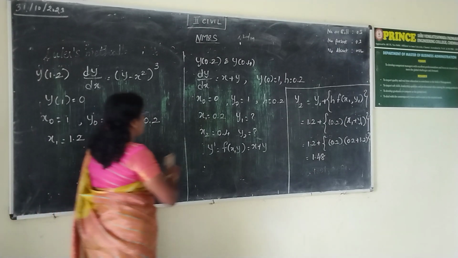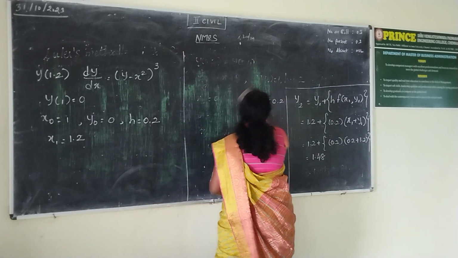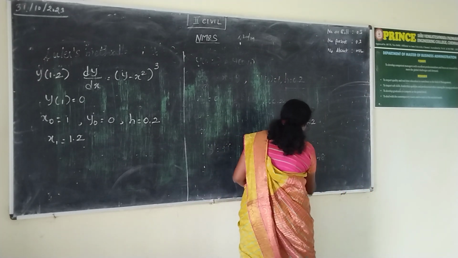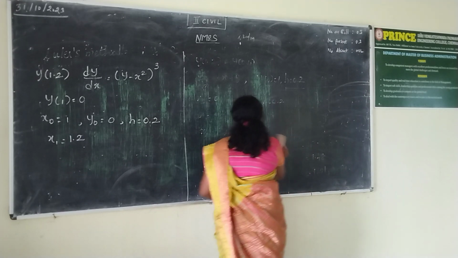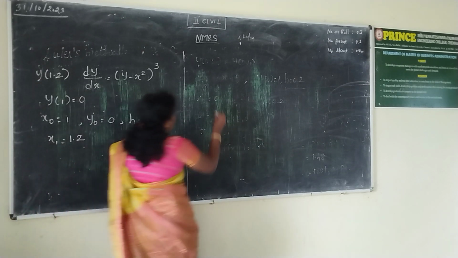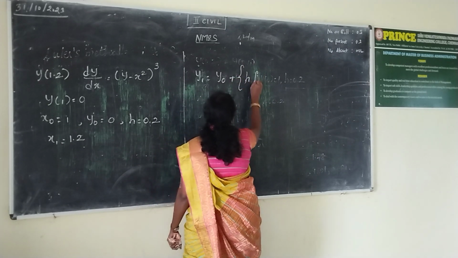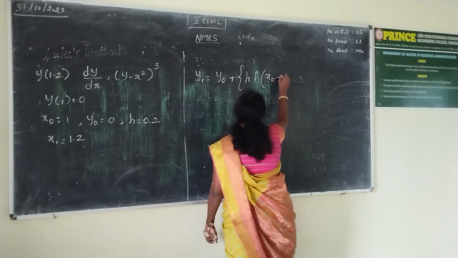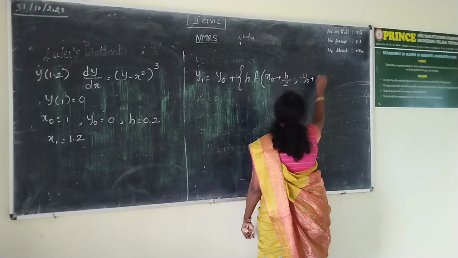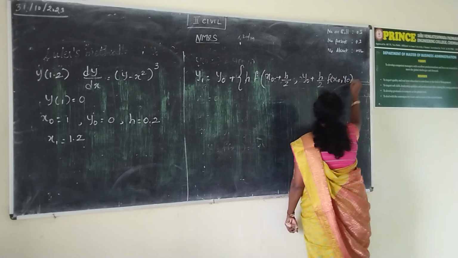So which formula are we going to apply now? Modified Euler's. By modified Euler's method, to get y1, we replace all x and y with x0 and y0. By modified Euler's method, y1 equals y0 plus h into f of x0 plus h by 2, comma y0 plus h by 2 into f of x0, comma y0.